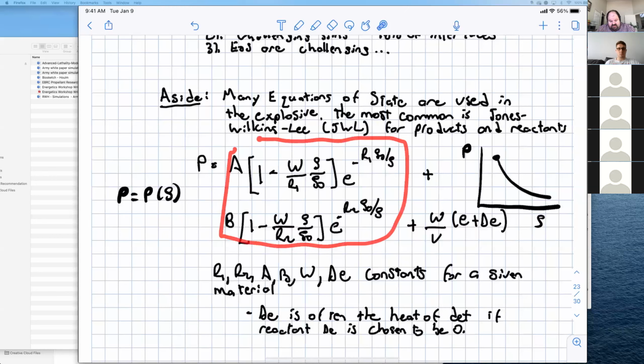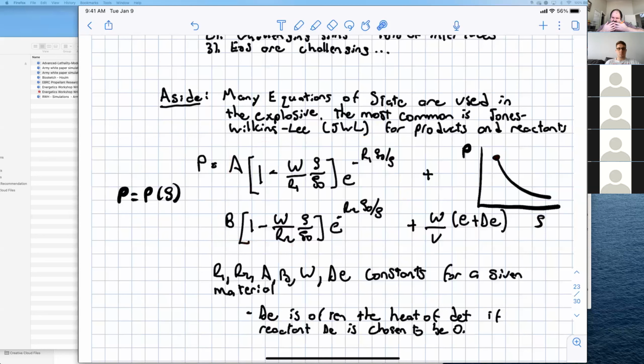And that's how, if you use a code called Cheetah, it can determine JWL parameters for you, because it uses a very complicated but more thermodynamically correct equation of state. And basically they compute the CJ point, isentropically expand it, and then fit all of these parameters so that you can use them as inputs for a CTH or some other blast modeling code.